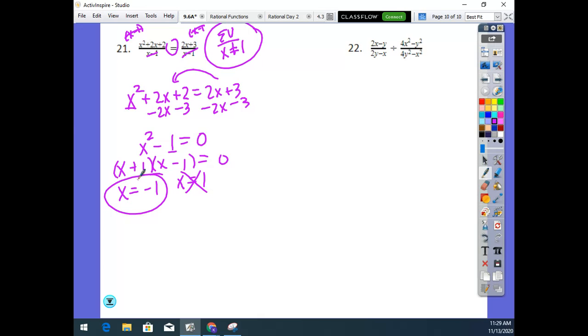All right, last one is a divide. So I need to multiply by the reciprocal. So I'm going to bring down this side, and I don't need to factor it. Multiply by the reciprocal. So this goes on top.